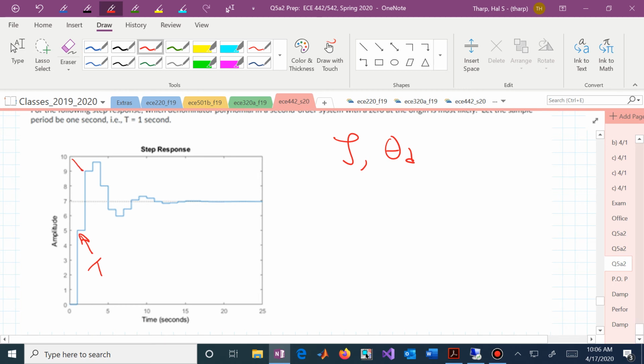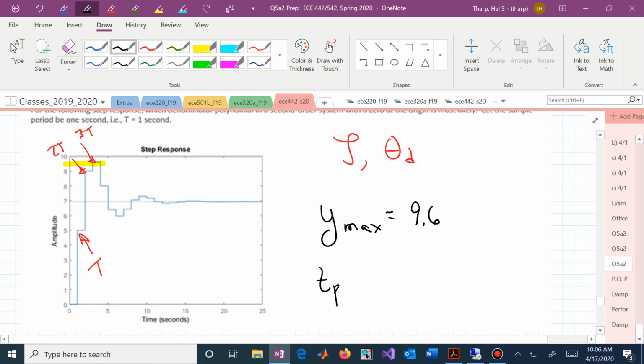There's T, here's 2T, and there's 3T. The hard part here is going to be, what is that value? Well, that's a little bit bigger than 9.5, let's say. So now we know that y max is 9.6. Let's just eyeball it.